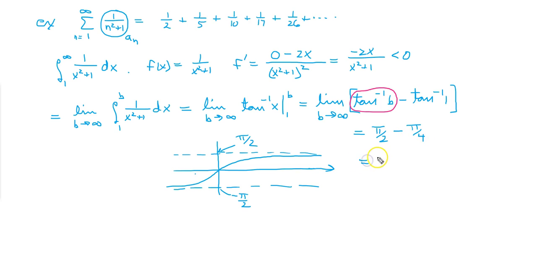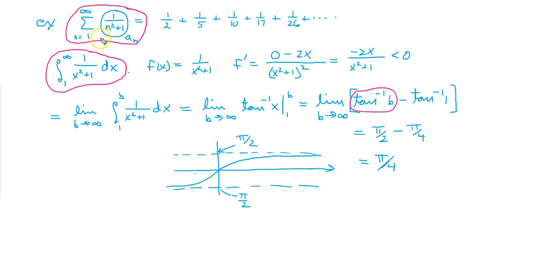Now that's what the integral is equal to from 1 to infinity. And so that exists. So this quantity right here converges. Therefore, our infinite series converges as well, and we've determined that it does exist.